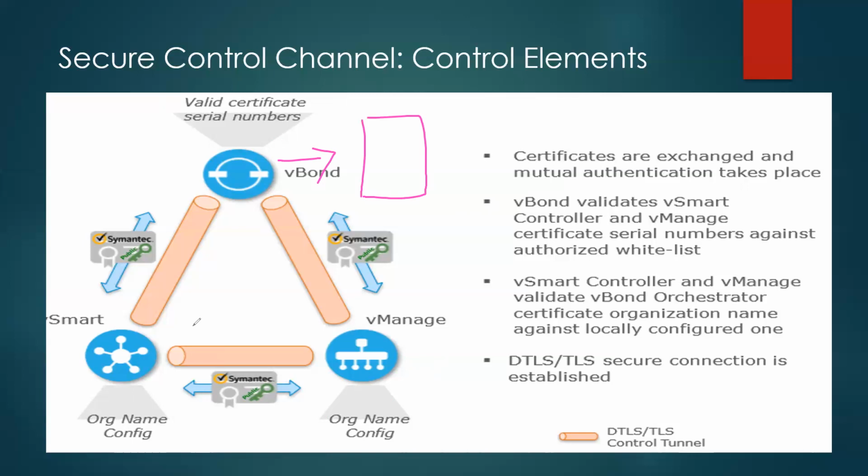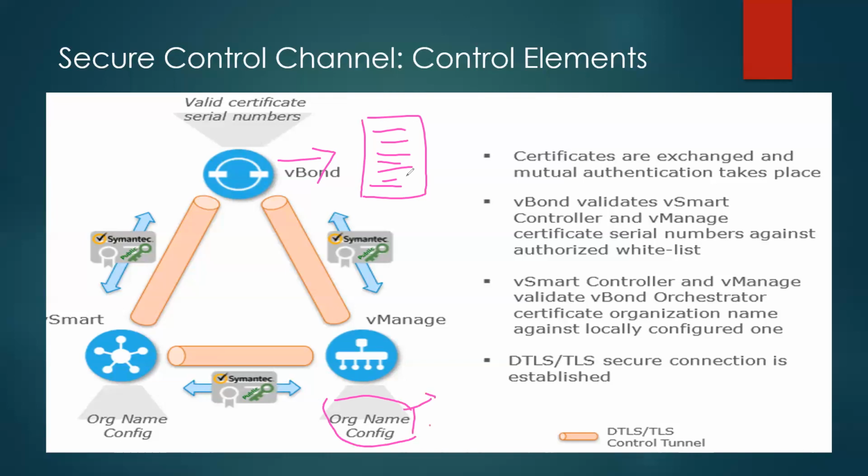So vBond somehow knows what the vManage and vSmart certificate serial numbers are. So they know the certificate serial number. Now that certificate, you know, the organization name is a part of the certificate.